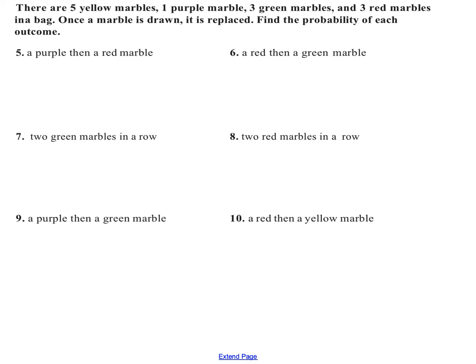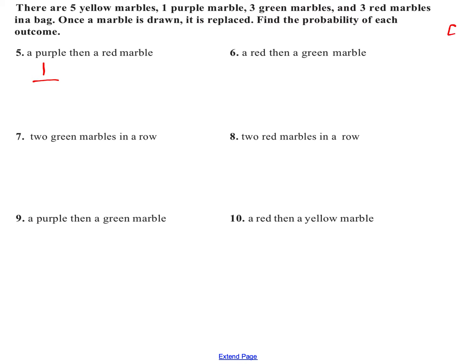Number 5. There are 5 yellow marbles, 1 purple marble, 3 green marbles, and 3 red marbles in a bag. Once a marble is drawn, it is replaced. Find the probability of each outcome. A purple, then a red. Okay, purple marble, there's 1 purple marble out of, we're going to have to add that up.